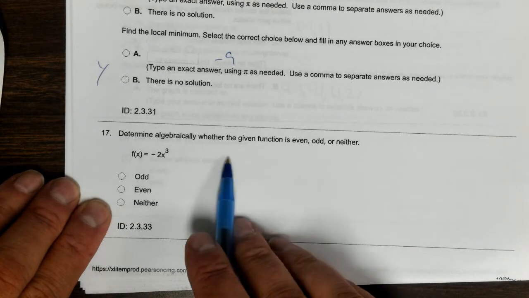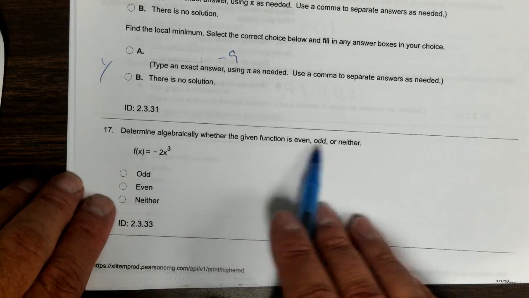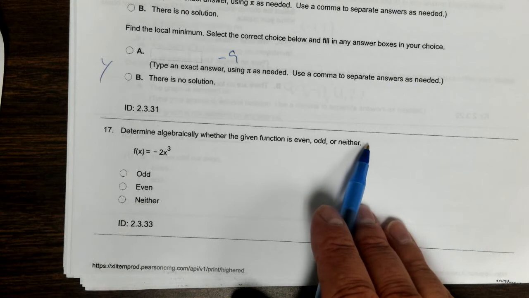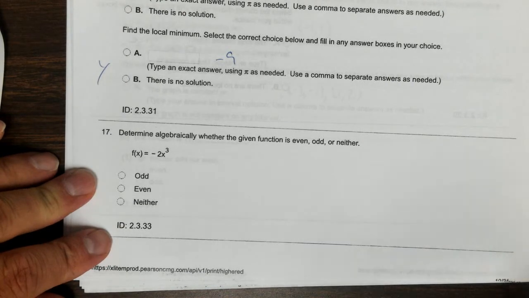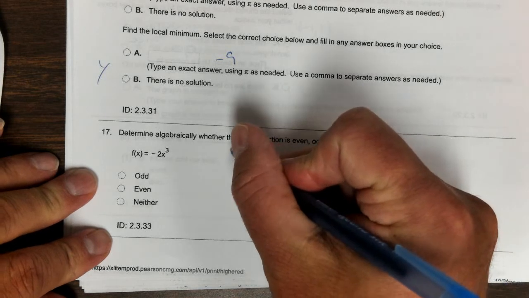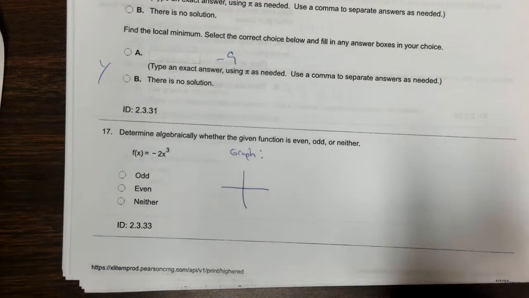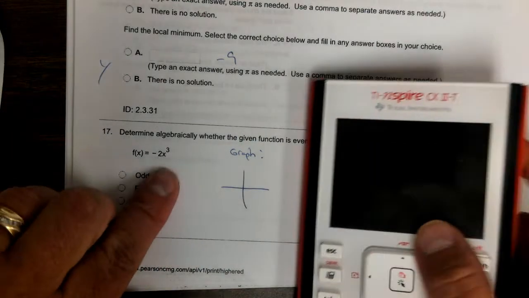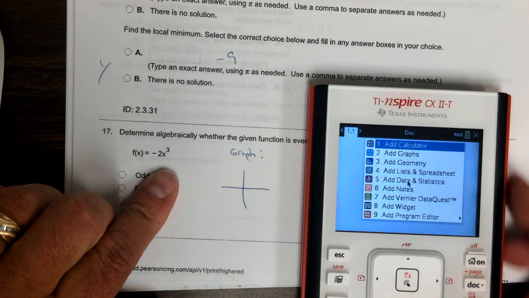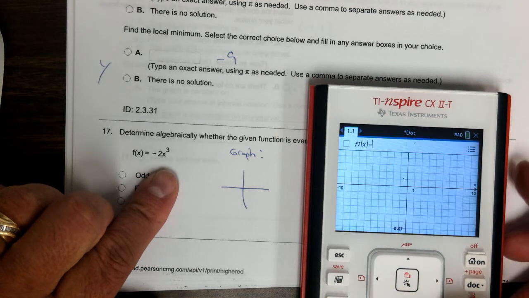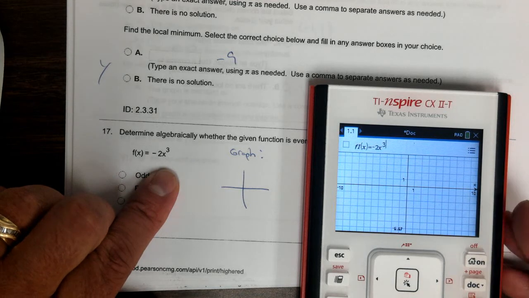Okay, so this one says determine algebraically whether it's even, odd, or neither. Okay, so let's give you the quick way first. So graphing, we go to a new document, add graph, -2x up arrow 3, enter.